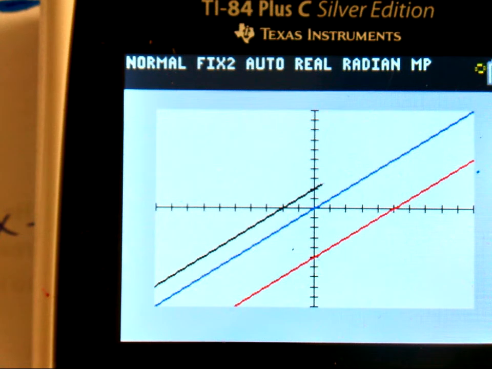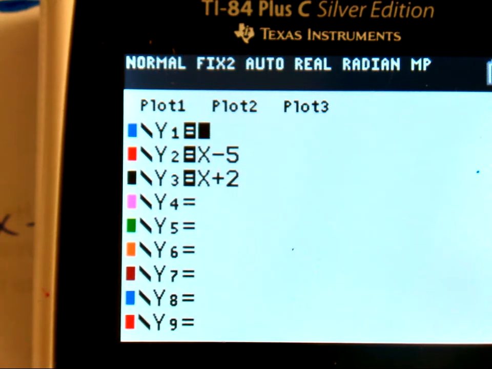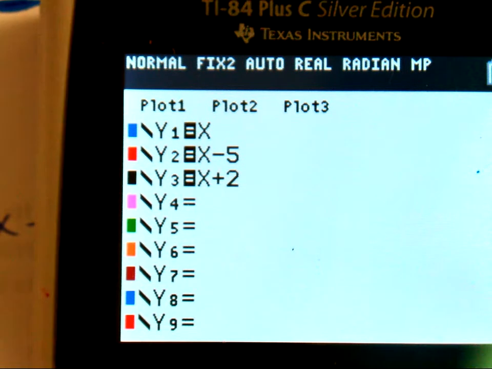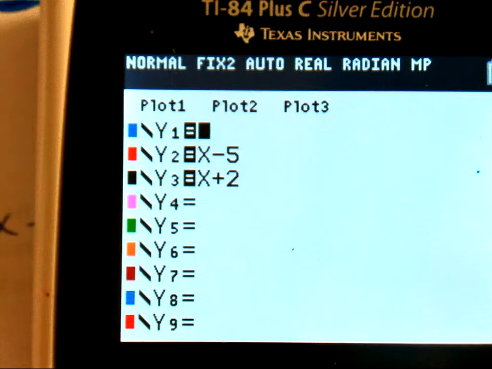I didn't change the steepness at all. I just changed where it was in terms of up and down. Because look, what number's in front of all of my x's? 1. So the slopes are all the same. Guess what learning target? I can write equations of parallel lines. Well, there you go. When the slope's the same, they're parallel. We're going to get to that.